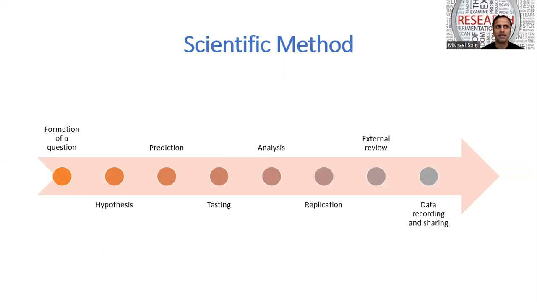Take, for instance, if I have a particular medicine and I improve my ability to run in one race, I want to replicate it in n number of races in order to ascertain that the improved performance is not due to chance, but rather due to the medicine itself.